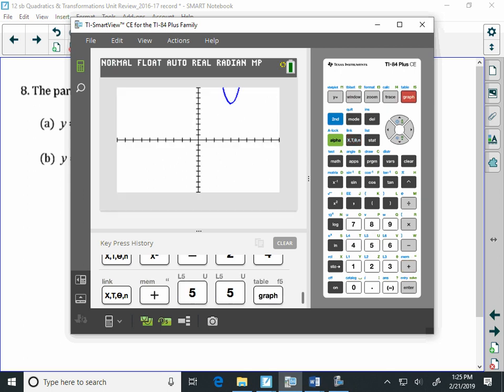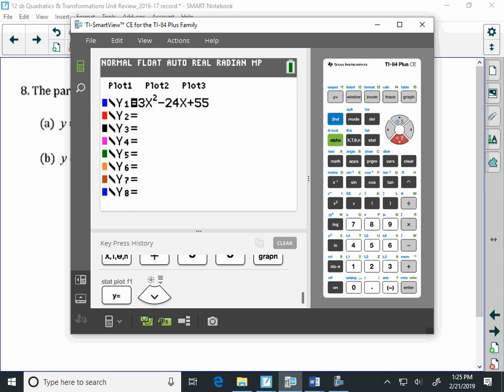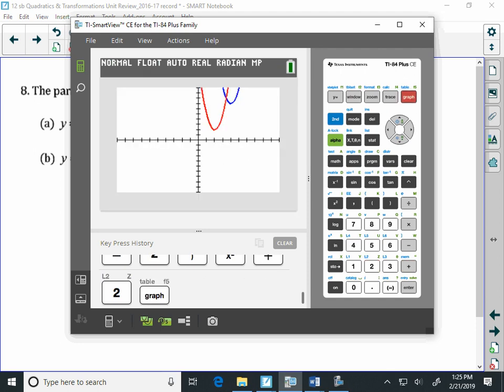And I don't know if it'll show up here. It shows up a little bit. And the nice thing is that my calculator is colored, so we'll be able to tell here. But now I'm going to go to the second function, and I'm going to type the first possibility of answers. 3 parentheses x minus 2 squared plus 2. And what I want is it to be the same thing, but it's not.